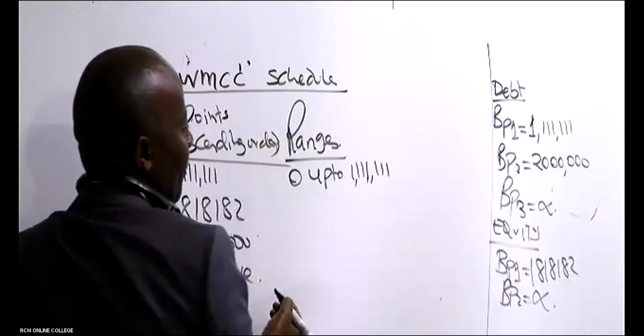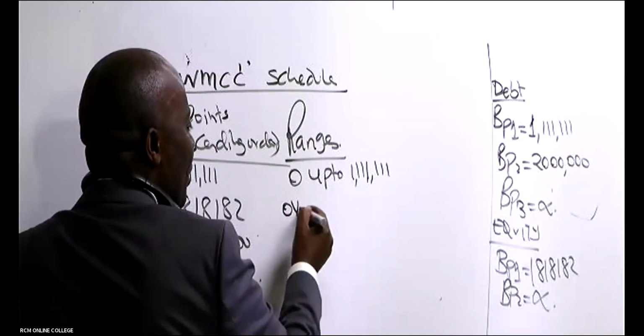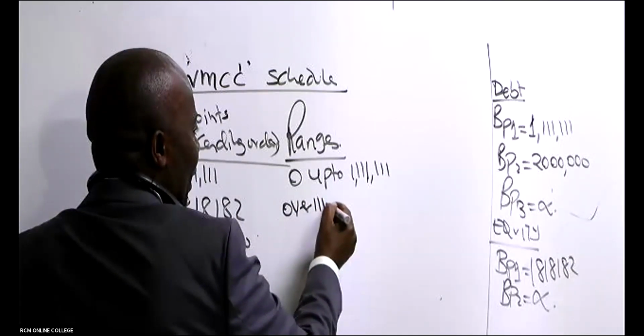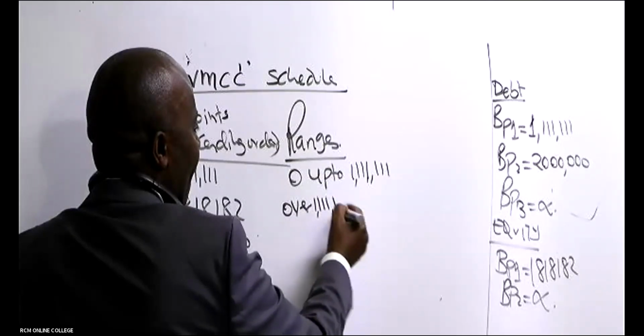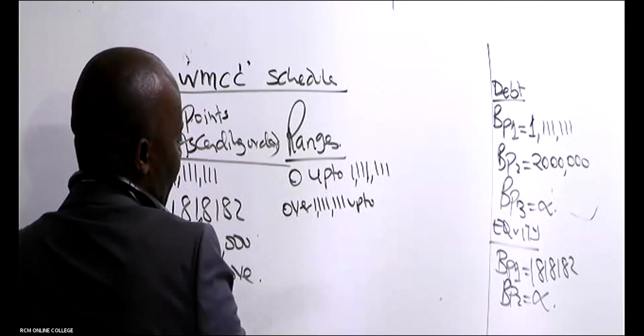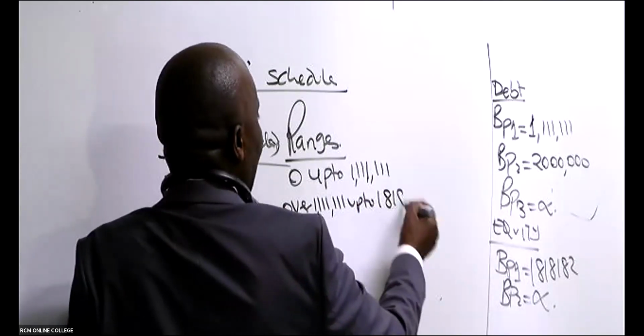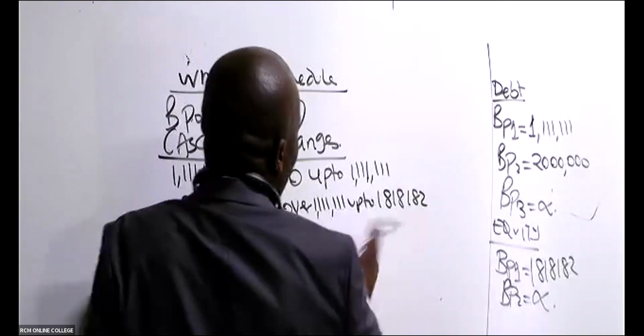The second class, you say over 1111, up to this figure, up to 1818182.